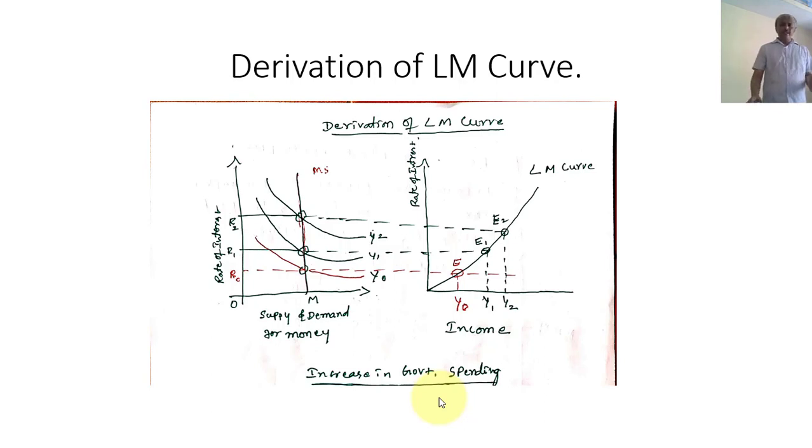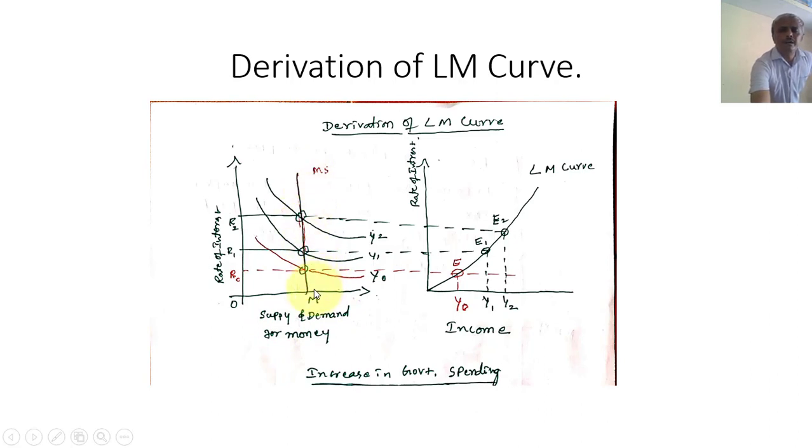Here, see, in this diagram, on the vertical axis we have measured the rate of interest. Here we have measured supply and demand of money. See, this is the MS curve, the money supply curve.